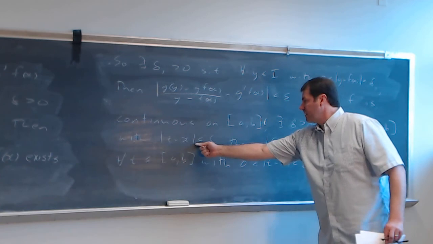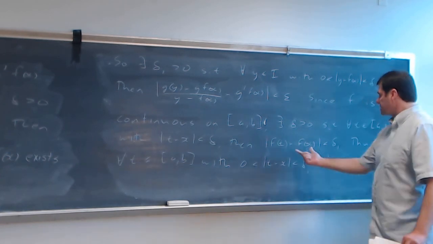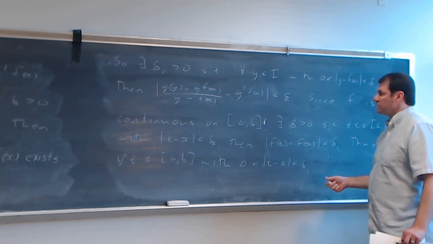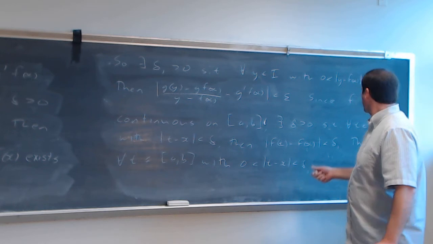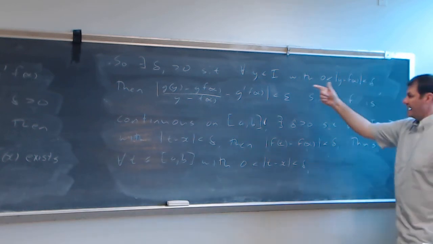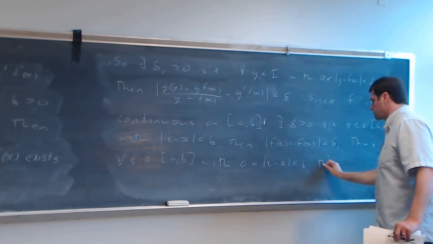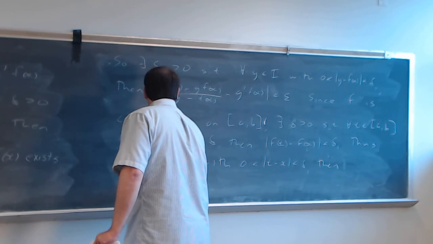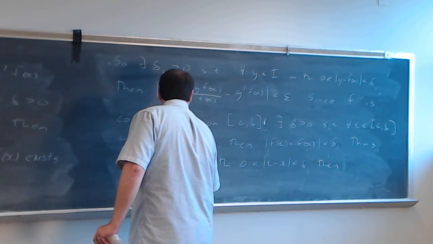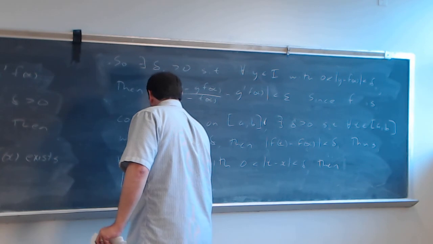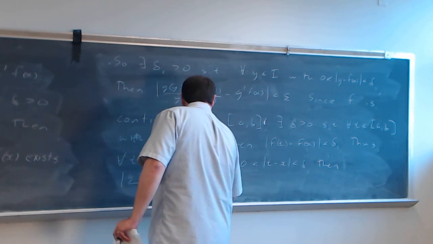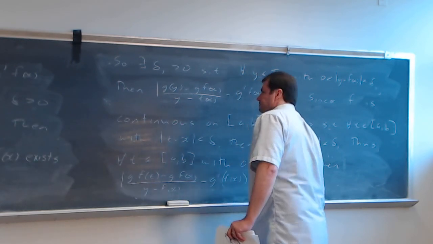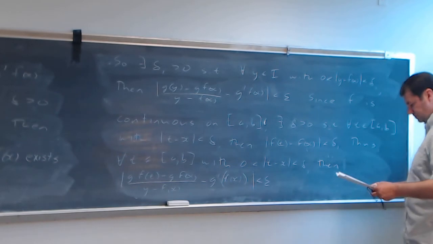Okay, so we're in this situation, and that means that we know that f of t's output values are very close to f of x. So we're really in this situation, and that implies this occurrence: the absolute value of g of f of t minus g of f of x all over f of t minus f of x, minus g prime of f of x, is less than epsilon. And that's exactly what we need to show.